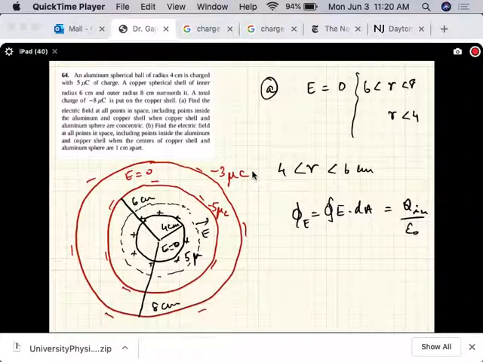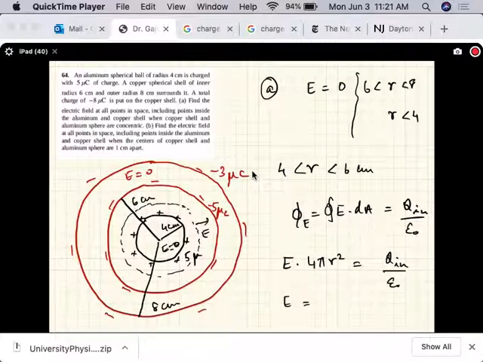This integral is just equal to the electric field times the surface area of a sphere, which is 4 pi r squared, equal to q inside divided by epsilon naught.